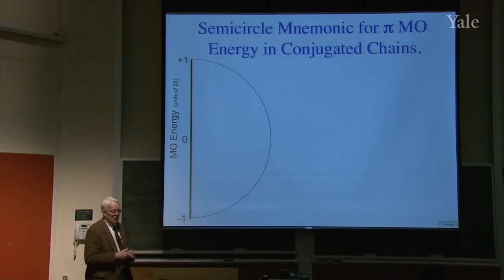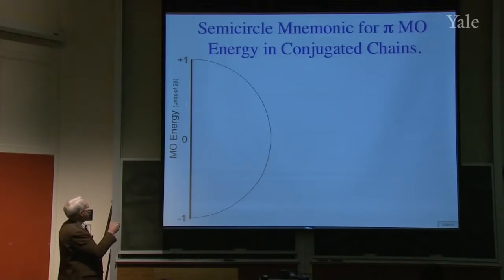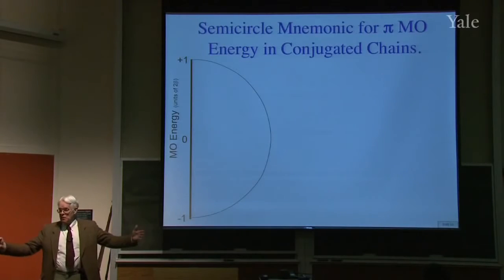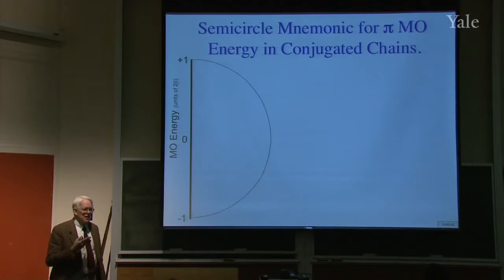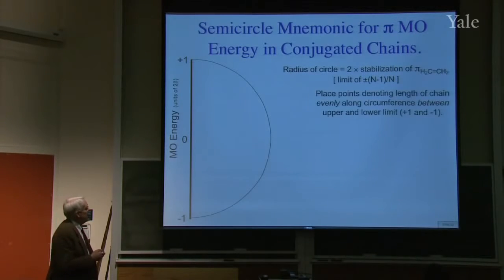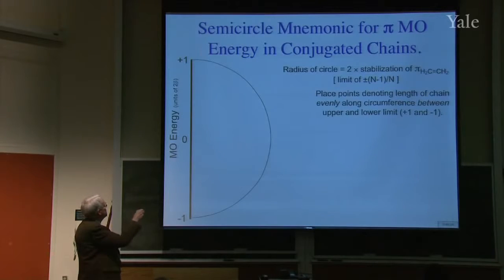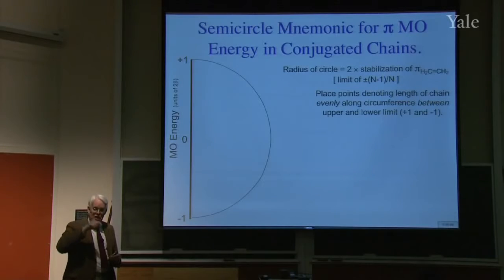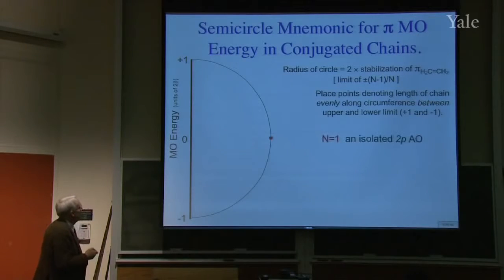So you draw a semicircle. The vertical axis is the energy. 0 is a p orbital. Here's +1, -1. Those are the limits if you have a very long chain. But it turns out there's this geometrical analogy that if what you do is draw this circle whose radius is twice the stabilization of the 2 p orbitals in the pi bond and has that limit, and then you put points along this circle, along the circumference, evenly spaced along the circumference, right?